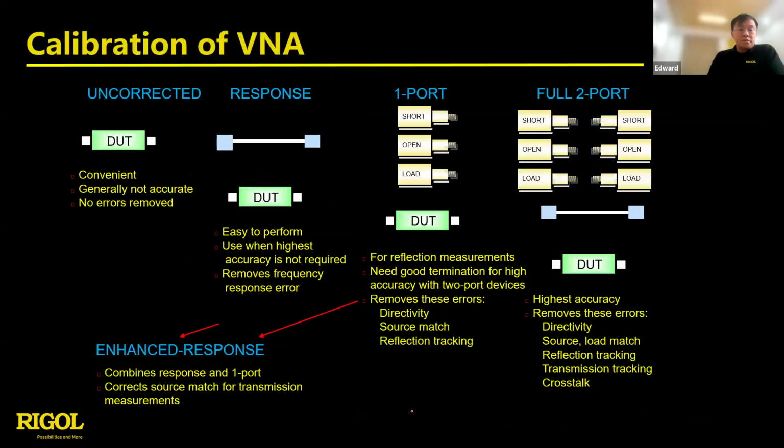Okay. So for the second part, the final one is the calibration of the vector network analyzer. The calibration is very important when we do the measurement with the VNA, because sometimes engineers waste a lot of time. Sometimes if we do some very complicated calibration procedures, it will take several hours.